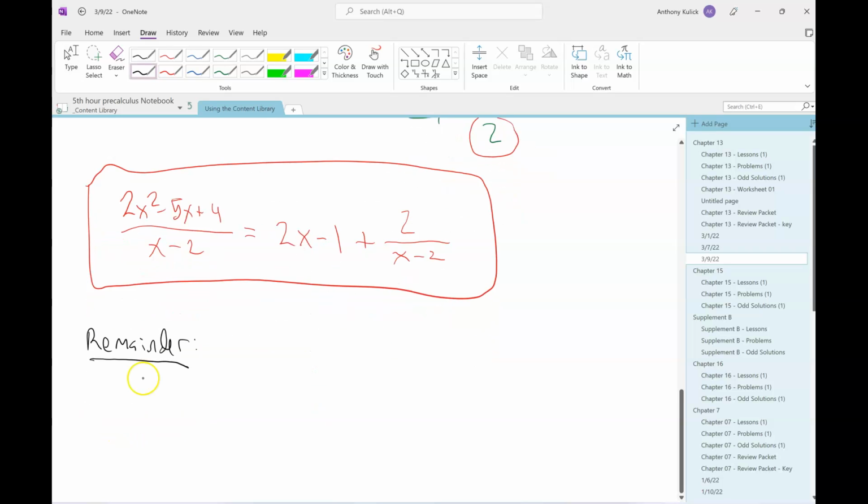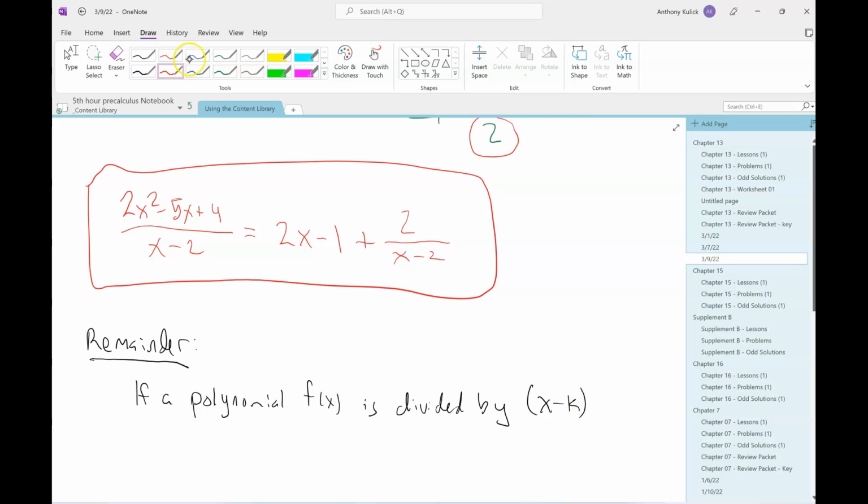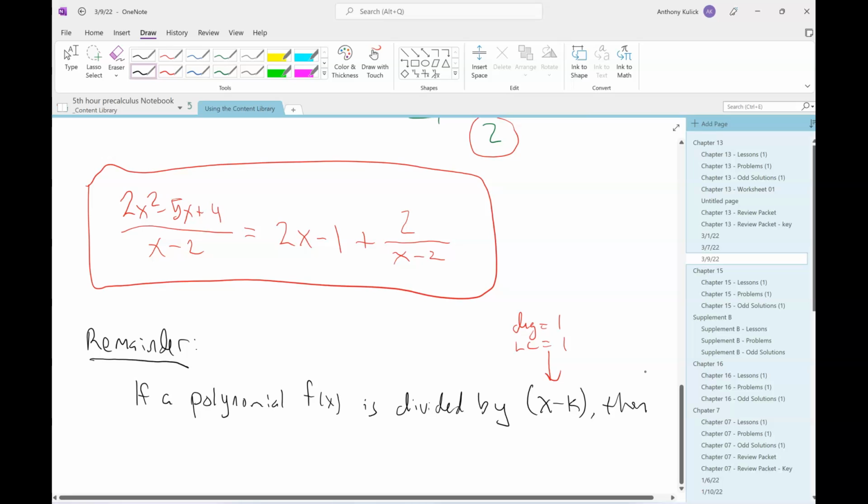The first is the remainder theorem, and that says that if a polynomial f of x is divided by a monic polynomial, that means something of the form x minus k, where the degree is 1 and the leading coefficient is 1, then the remainder is f of k.